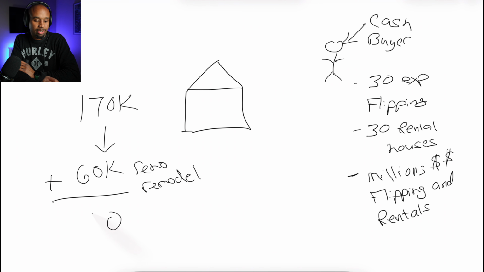That's 130, 30, 1, 2, right? Yeah, that's right. So he is all in at 230, and then he had closing costs as well. When he bought this house, he had closing costs in there as well. But we'll just say 230. So he's all in at 230.